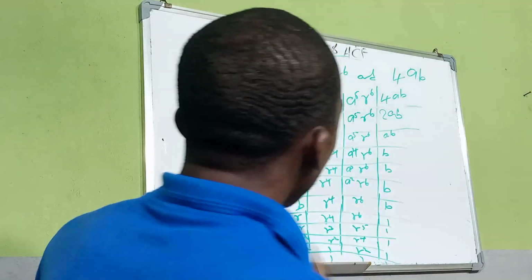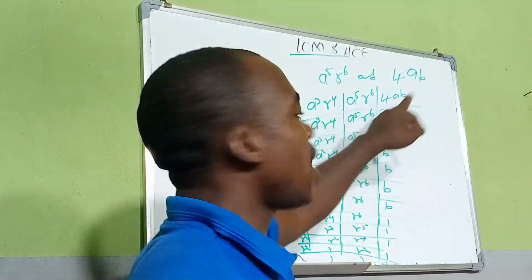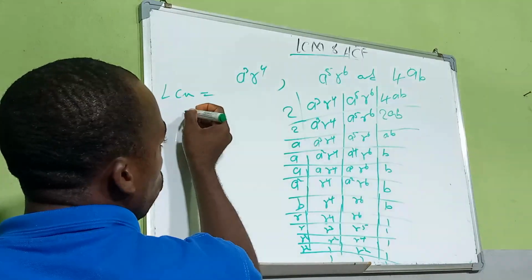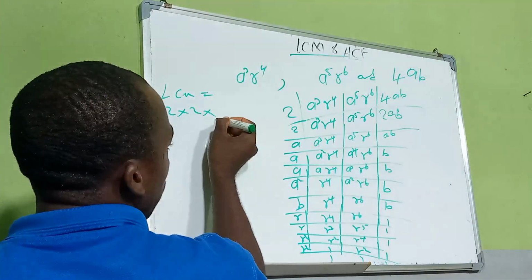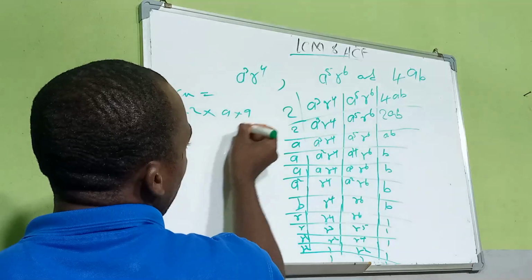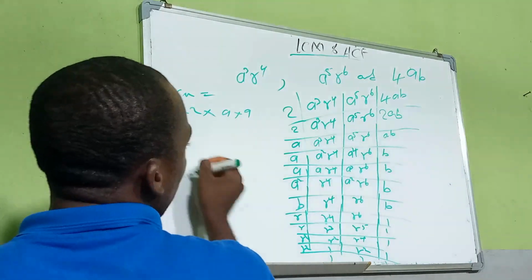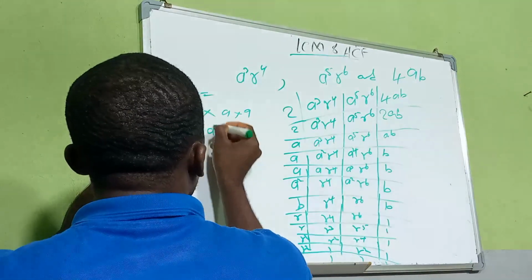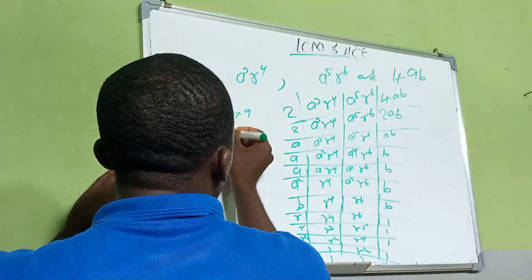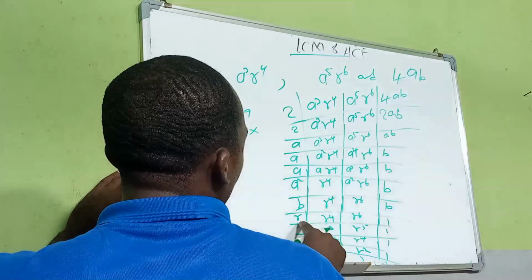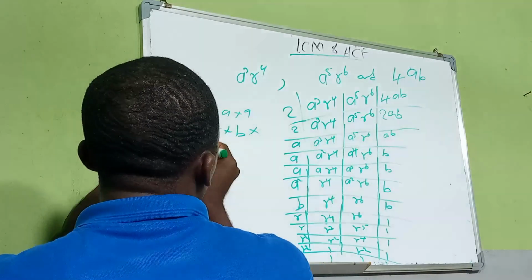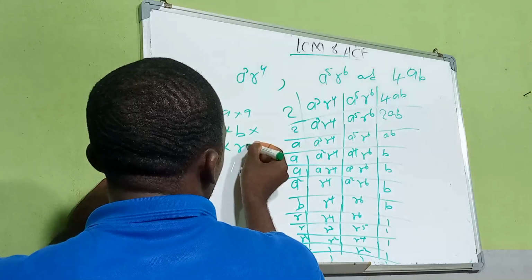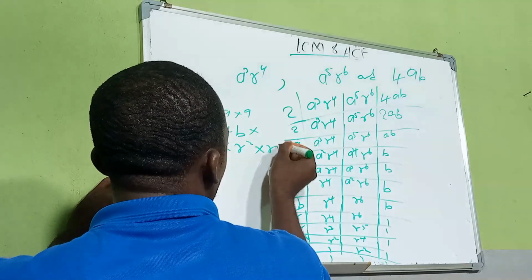So we can now say that the LCM of this and this will be equal to 2 times 2 times A times A times A, that is 1, 2, 3, 4 times A raised to power 2, then times B times R times R times R raised to power 2 times R raised to power 2.